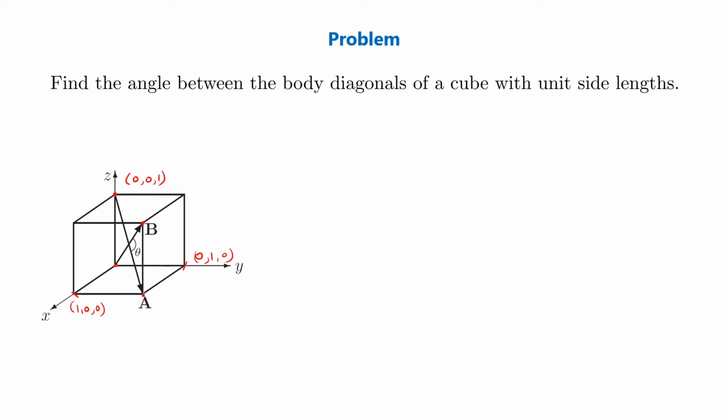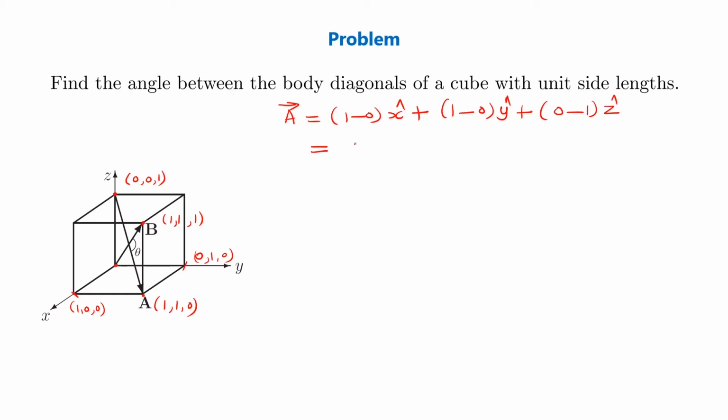Now we shall write the coordinates of the head end of vector A. This is 1 1 0. For the head end of vector B, this will be 1 1 1. And now we shall try to write vector A, which is equal to 1 minus 0 x hat plus 1 minus 0 y hat plus 0 minus 1 z hat.